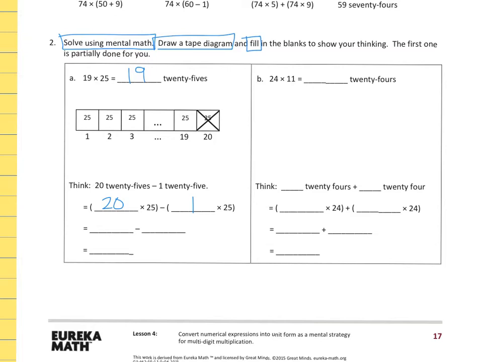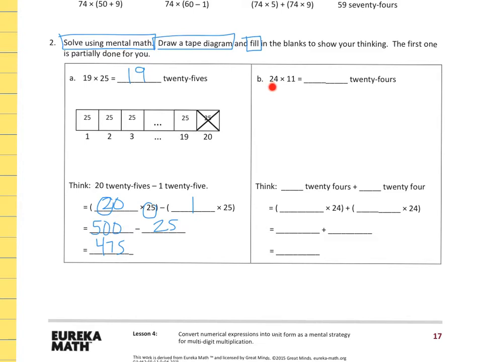So if you take 2 and multiply it by 25, 2 times 25 would be 50. So 20 times 25 would be 500. And then you're going to take away 1 times 25, and that's going to be 25. And so when you take away 25 from 500, you're going to have 475.